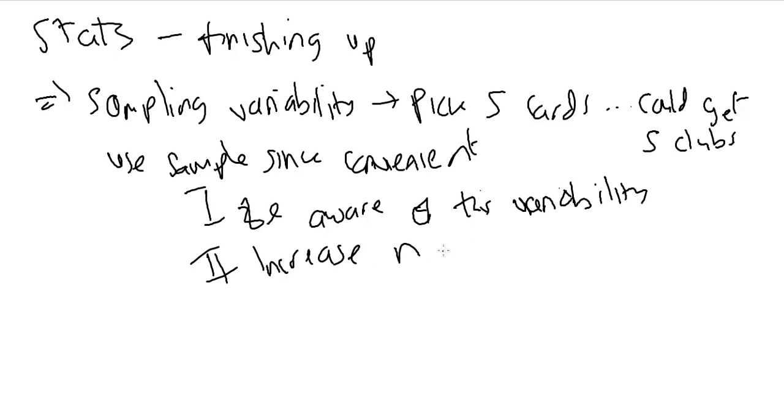Increase n, where n is, in this case, the number of cards. Already with 5 cards, the likelihood that you'll end up with 5 cards which are all clubs is something like 1 in 1,000. So if you picked yet another card, then it would be something like 1 in 4,000.